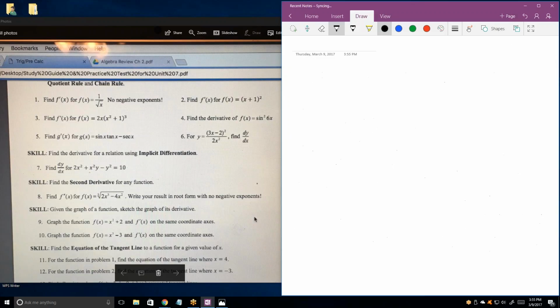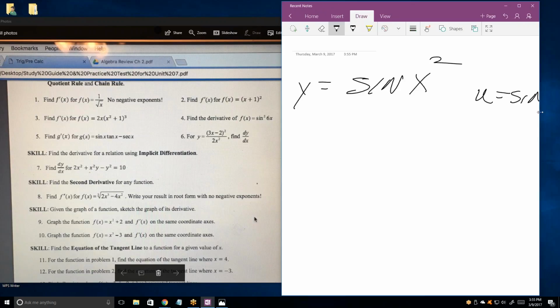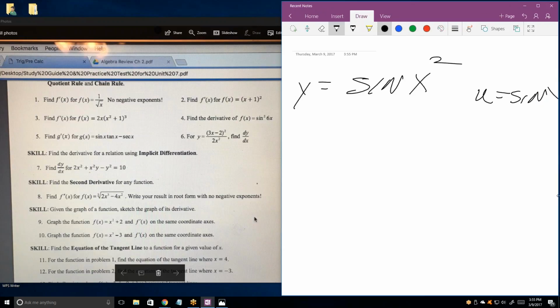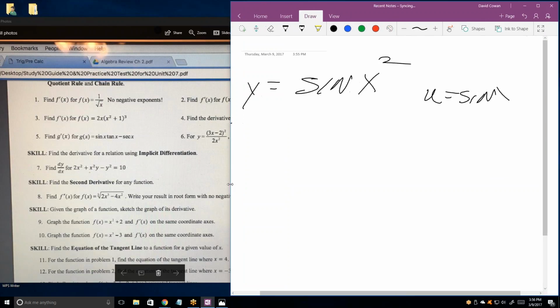In other words, if I go back to my original problem, where I had sine of x squared, well, if I were to let u be sine of x, hold on. If I were to incorrectly let u be sine of x, notice that I cannot write y in terms of u.